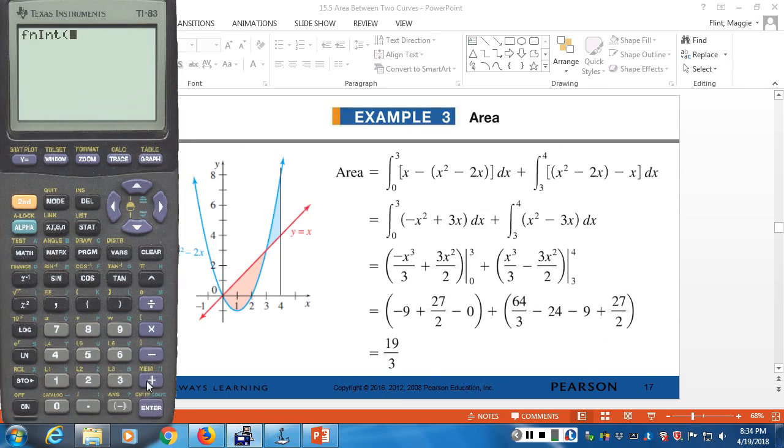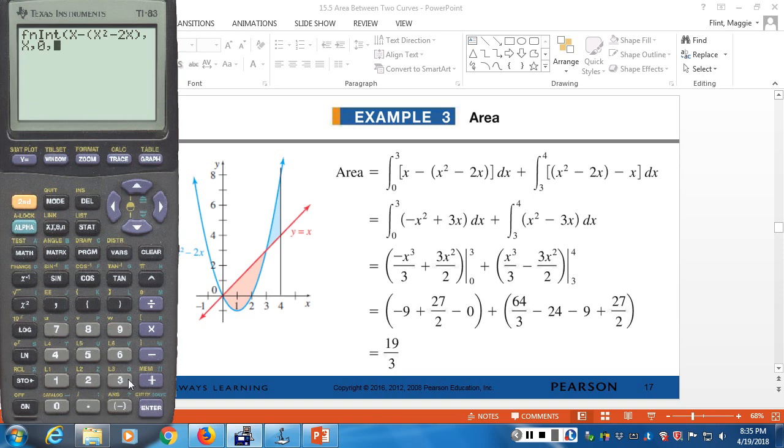So for the first part of the integral, x comes first. And x squared minus 2x comes at the bottom, so we put it on the bottom. And that's with respect to x from 0 to 3.